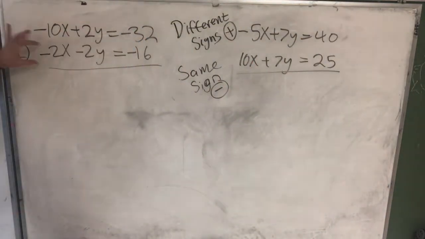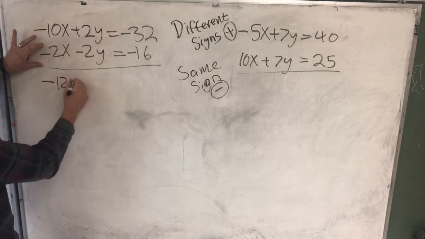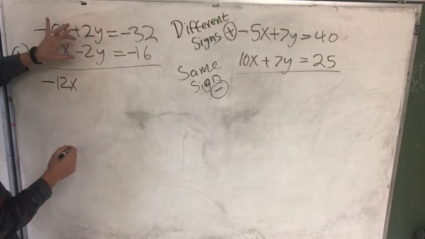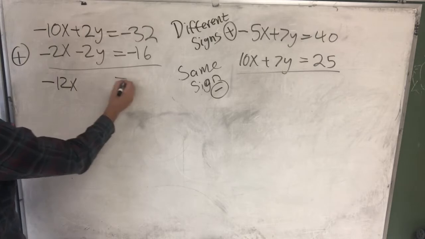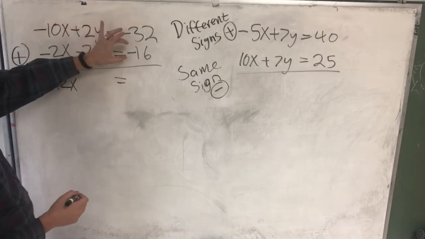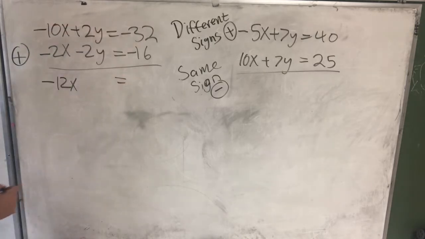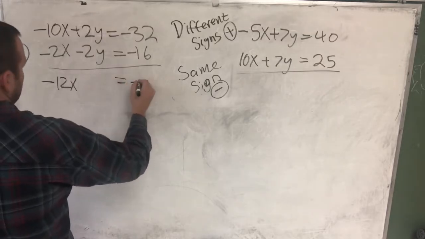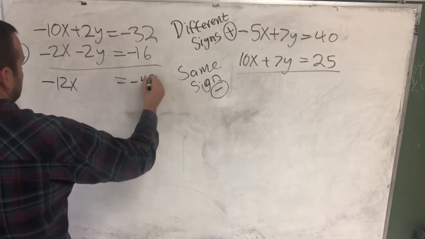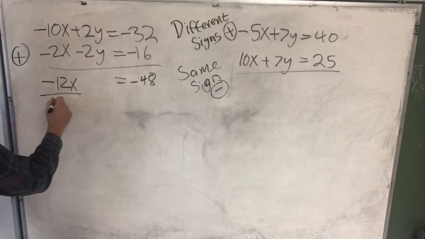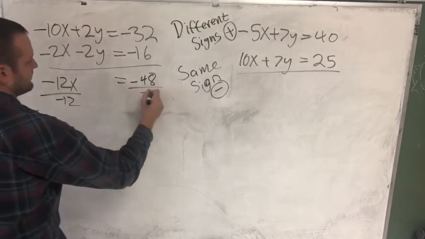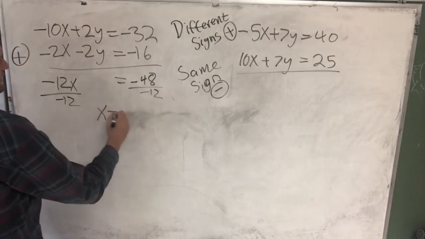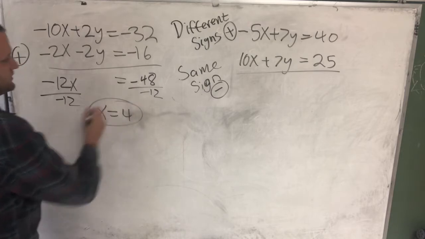Negative 10 plus negative 2 is negative 12x. 2 plus negative 2 is 0, equals negative 32 plus negative 16. That gives me negative 48. Divide both sides by negative 12. I get x is positive 4.